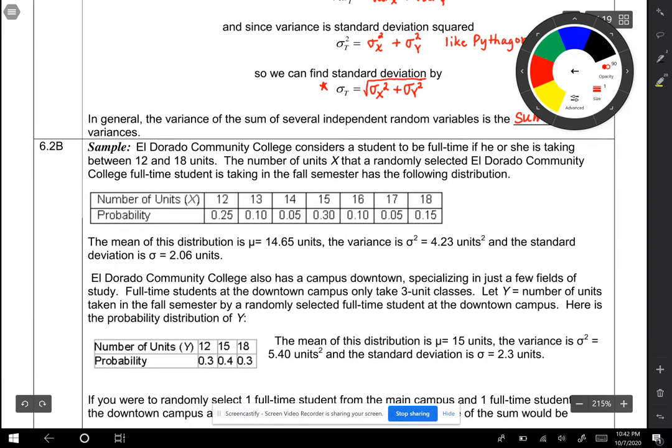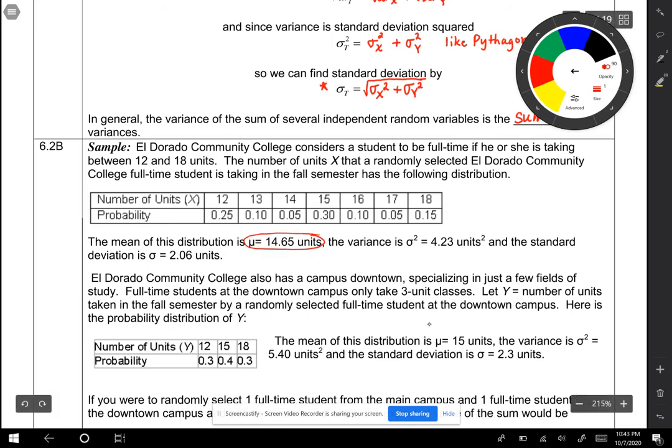Now, going back to our example, El Dorado Community College, in the top row, those are the number of credits a full-time student is taking at the college. The number of units X that a randomly selected El Dorado Community College full-time student is taking in the fall semester has the following distribution. We've done this earlier, but the mean of the distribution is 14.65 units.